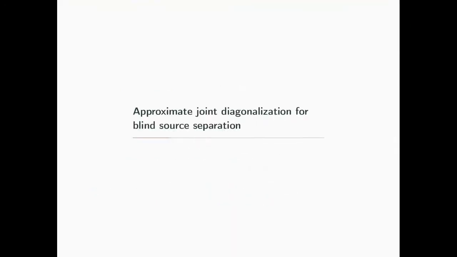Okay, so that will be all for this short introduction on Riemannian geometry and optimization, and now I'm going to talk about some of my PhD work, which is on approximate joint diagonalization for blind source separation.